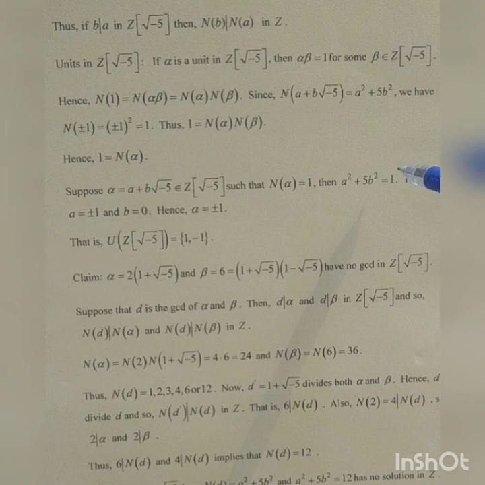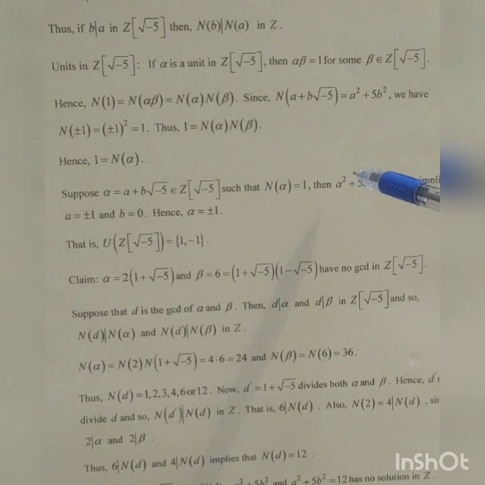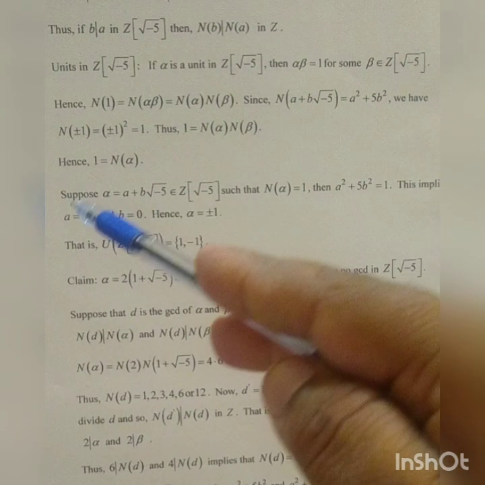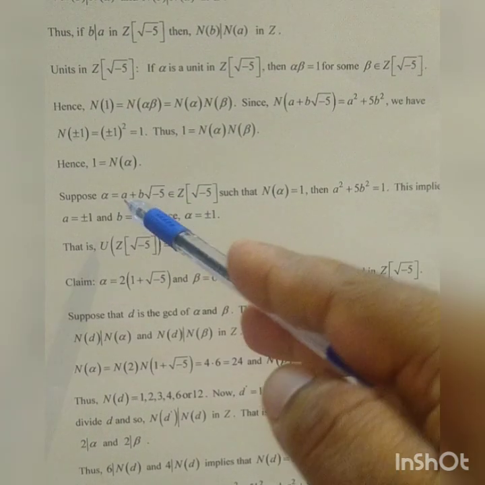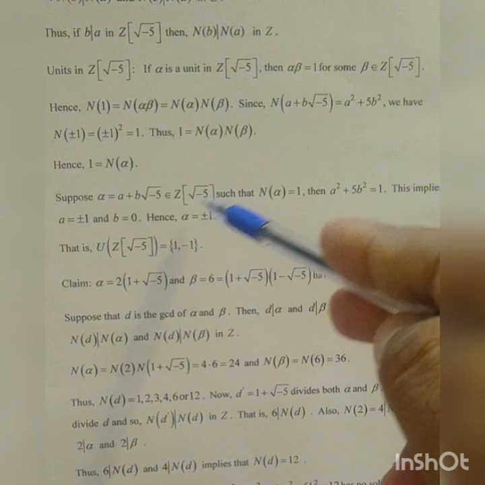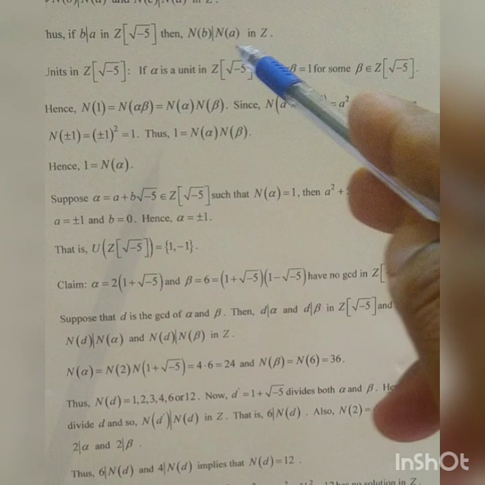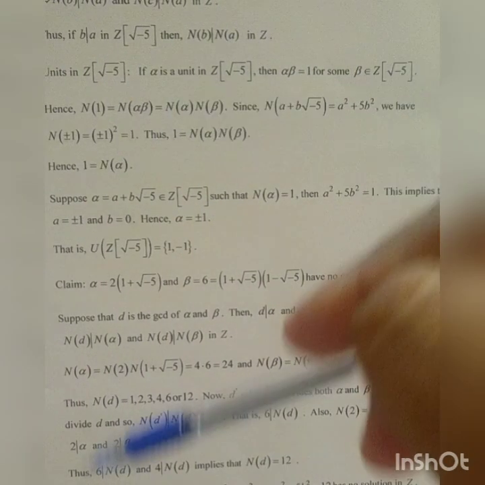This is equal to 1. It is possible only if a is plus or minus 1 and b is 0, as a and b are integers. Hence, we have alpha equal to plus or minus 1. So, alpha is a unit in Z of root minus 5. Therefore, the units of Z of root minus 5 are plus 1 and minus 1.